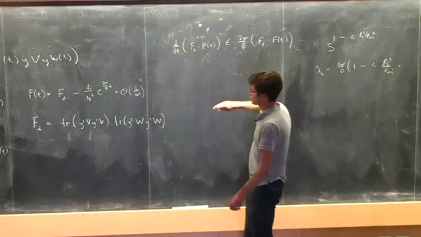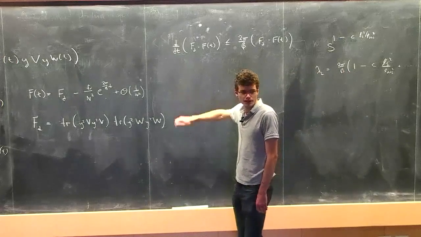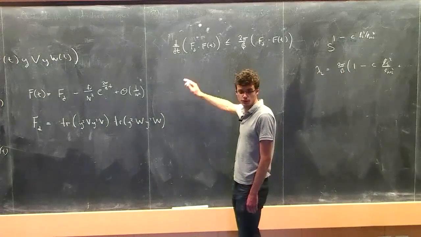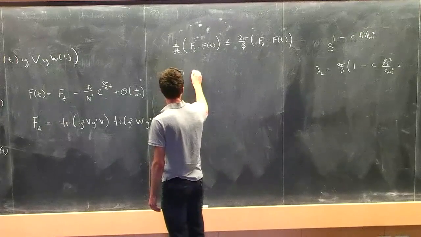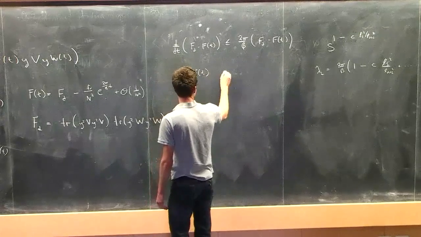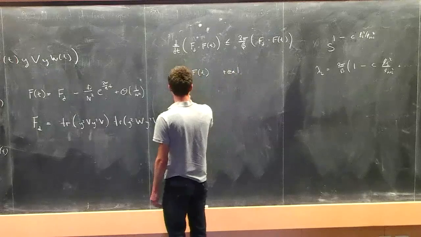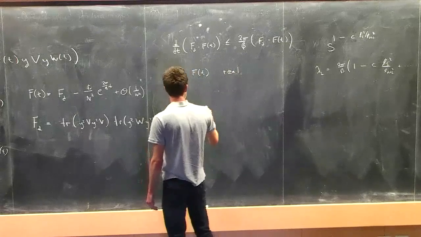Okay, so the strategy here is to list some nice properties about this function and then see what we can do to prove this statement mathematically. So one property is that F of t is real. This follows from the fact that the V and W operators are Hermitian.